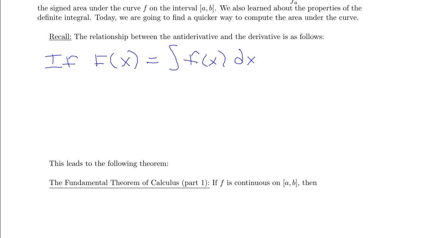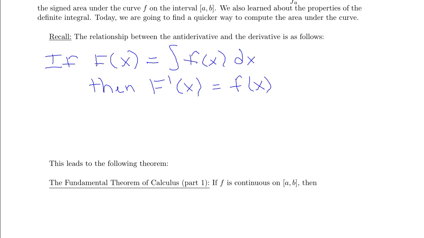So if capital F of x is equal to the antiderivative of little f of x, then what that means is that the derivative, big F prime, is equal to our original function, little f.